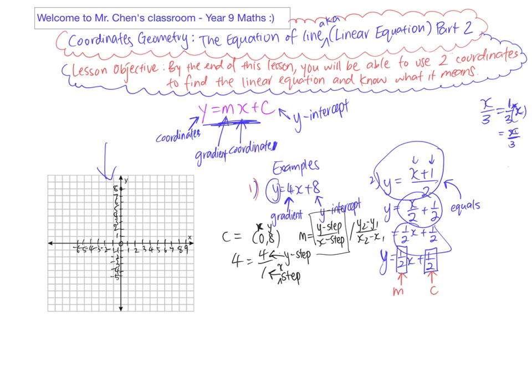We know x step is 1, so you move away from the 8 once along x, and y is 4, so that means 4 grids up. Going up 4 grids because it's positive.